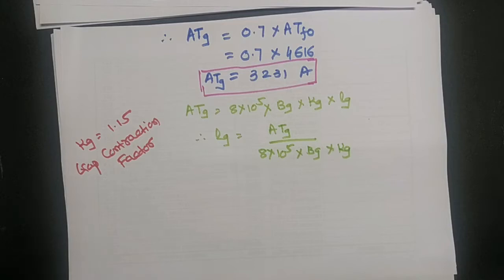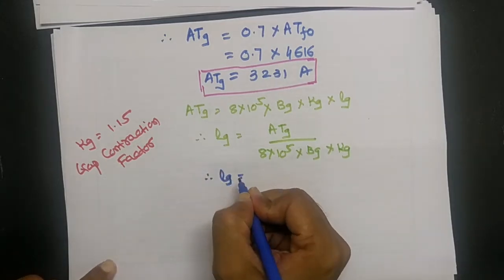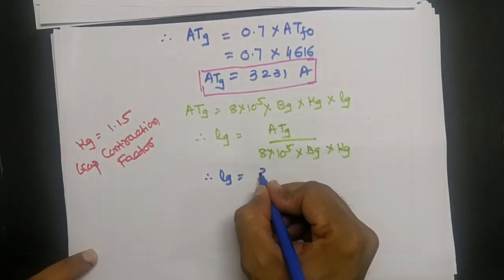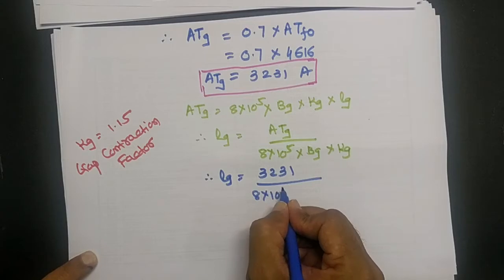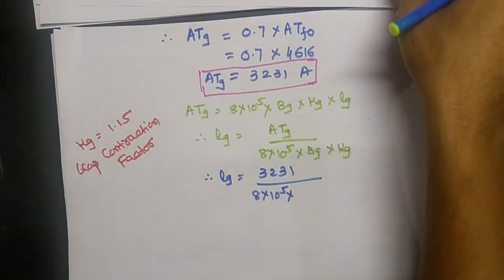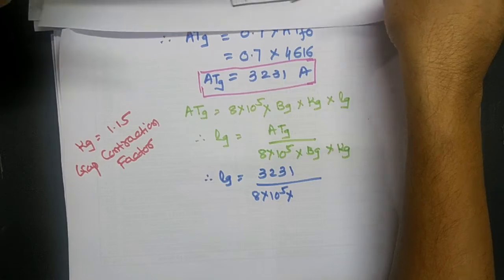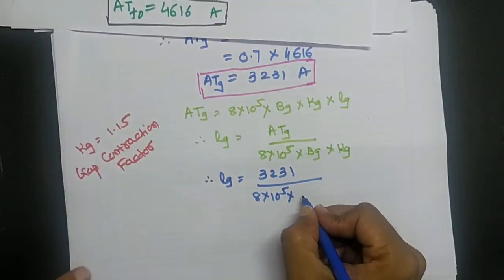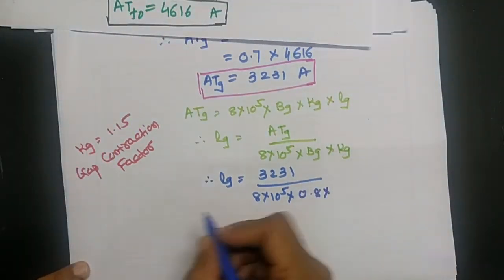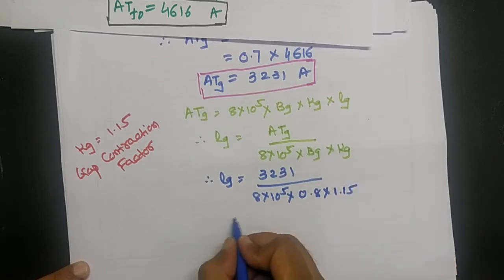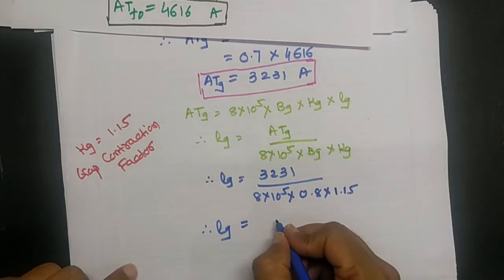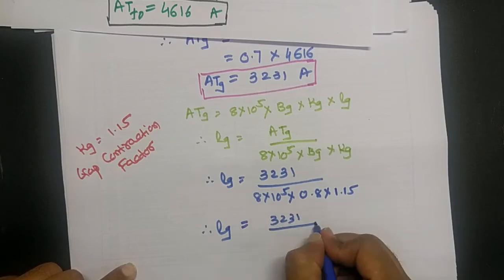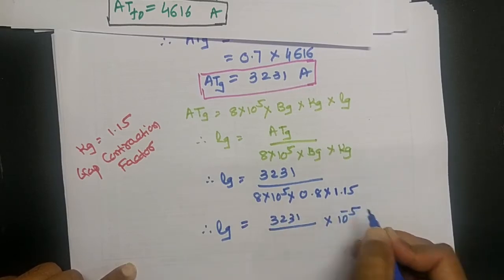All values we have, and therefore lg is 3231 divided by 8 multiplied by 10 raised to 5. The value of dg we have calculated is 0.8, multiplied by 1.15, the gap contraction factor. So it comes to 3231 multiplied by 10 raised to minus 5.